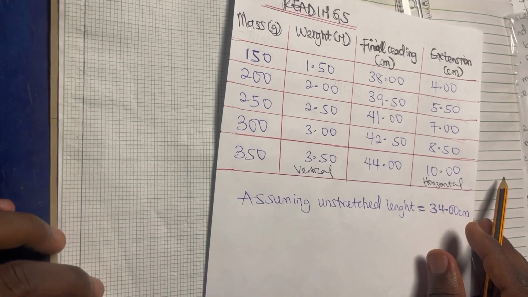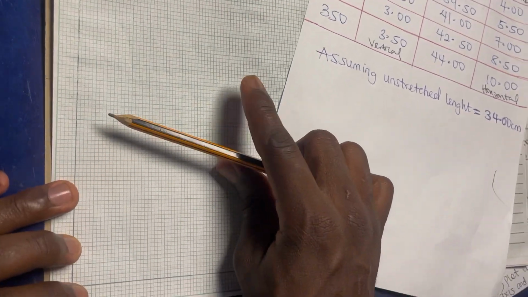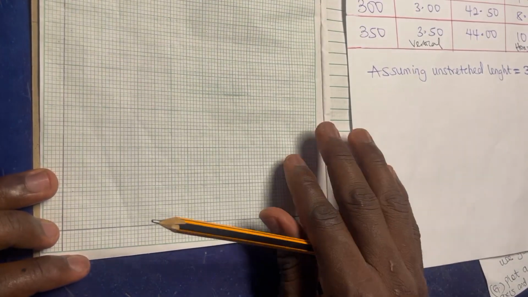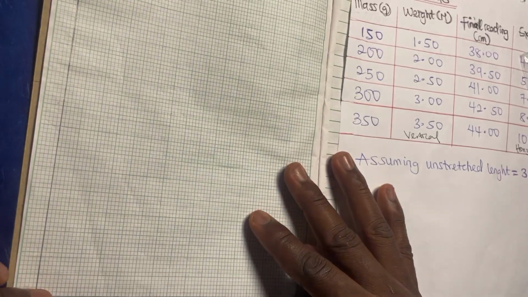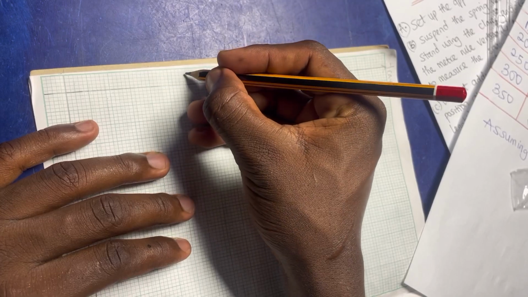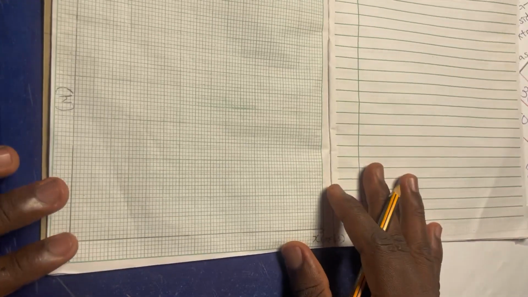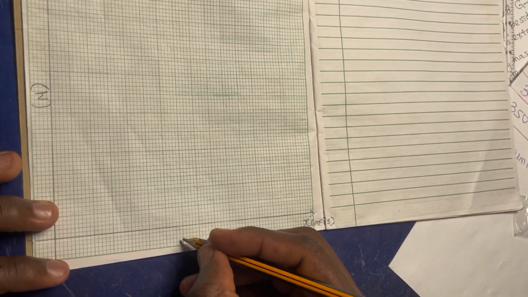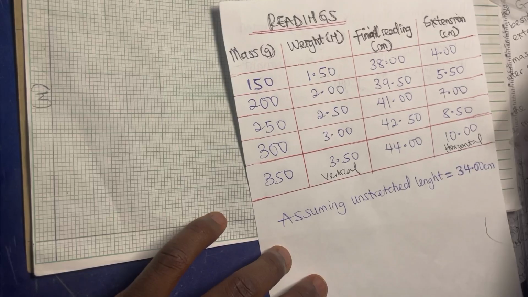So your vertical is this side, whereas your horizontal is this side. For the vertical, this is going to be weight in N. I can just write ordinary N. That's the new thing. And this one is the horizontal, and that is cm. So the unit is okay like that.